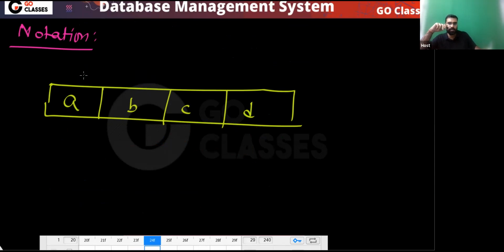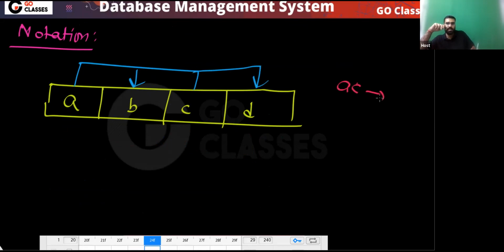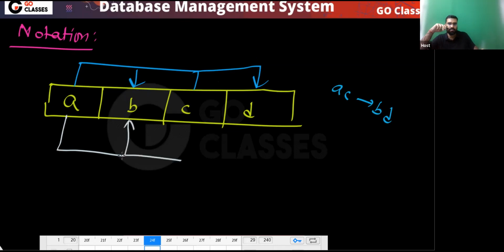For example, if I give you this, what will this mean? This will mean AC determines BD, because arrow means RHS. If I give you this, what will this mean?